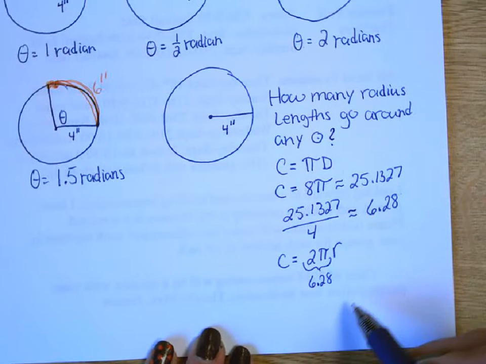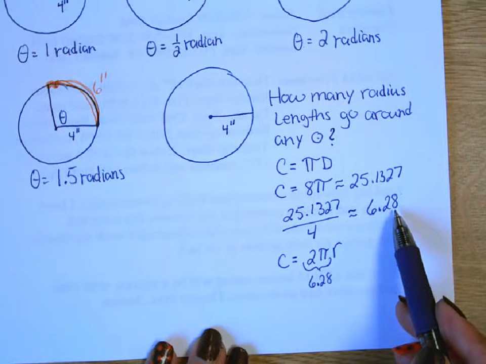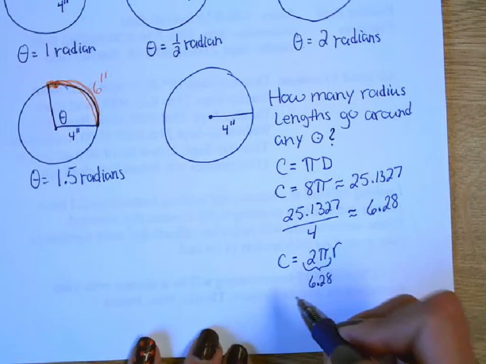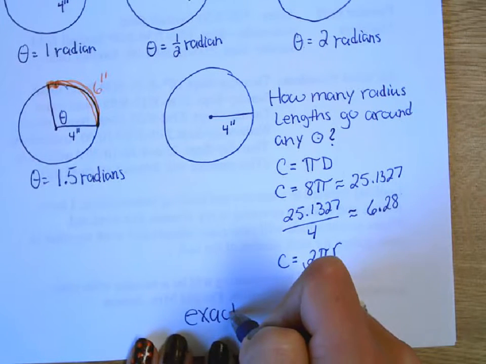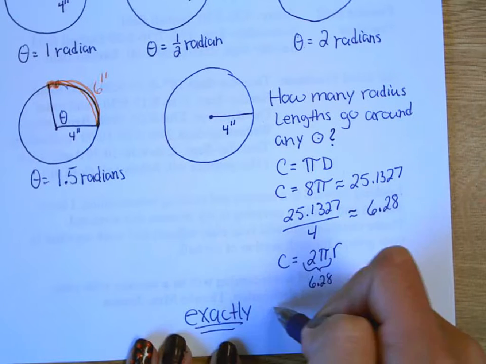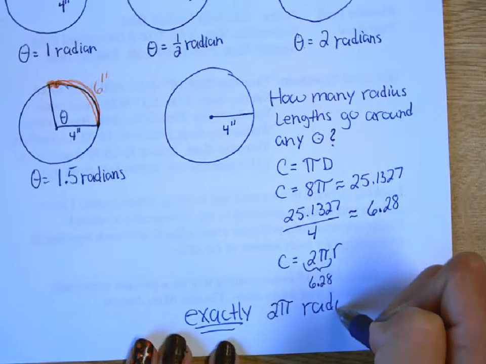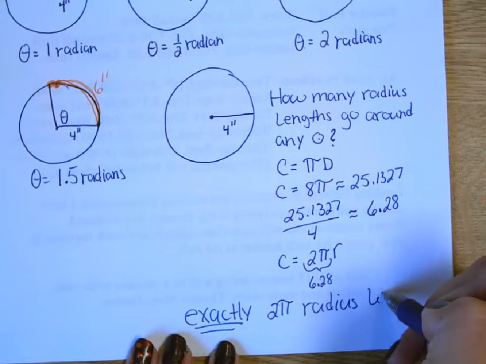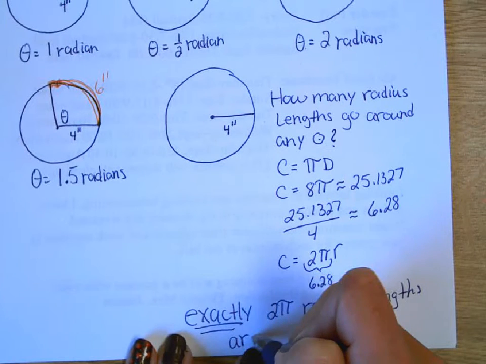So there are approximately 6 radius lengths around. How many are there exactly? 2 pi. So there are exactly 2 pi radius lengths around any circle.